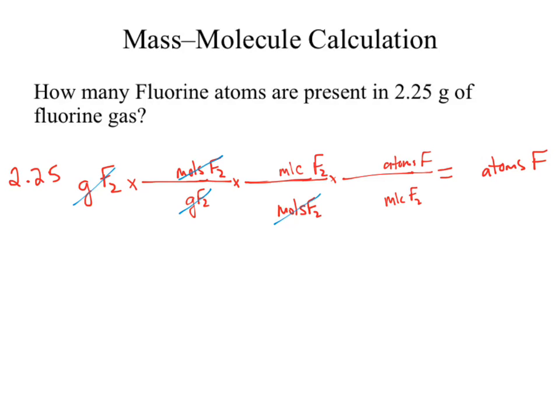What is that conversion? 2 atoms of fluorine will equal 1 molecule of F2. And it wasn't a dispute with 2 to 1 or 1 to 2. I don't care about that. I want to hear the units in that. Okay. So now that we've tracked our units all the way through, molecules of F2 cancel, we'd have atoms of F.